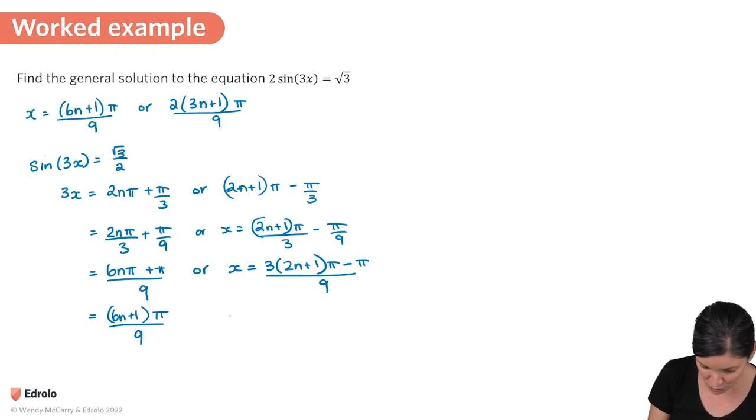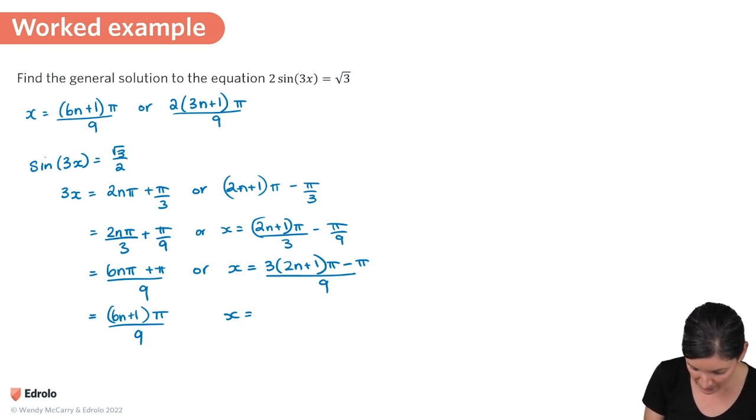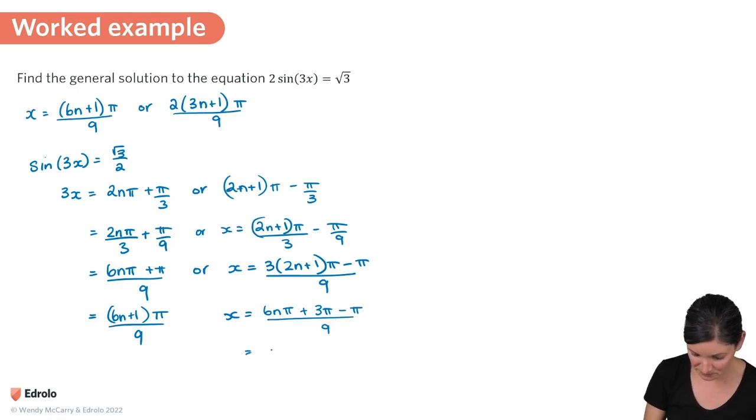This one here, I've got to do a little bit more work to convince myself that I'm doing the right algebra. So if I expand this bracket here, I get 6n pi plus 3 pi minus pi, all over 9.